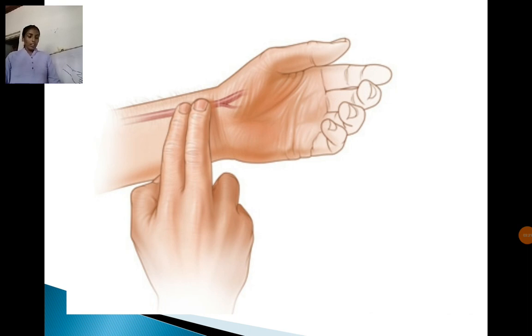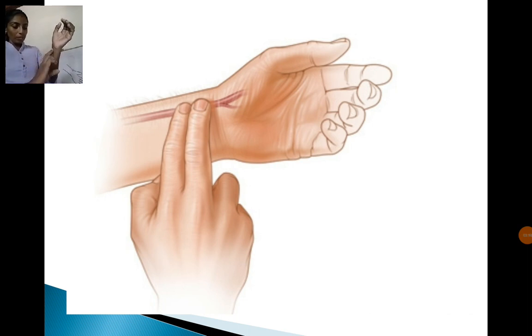Then we place the index and middle fingers over the radial artery. That is the radial artery, right below the base of the thumb side of the wrist.